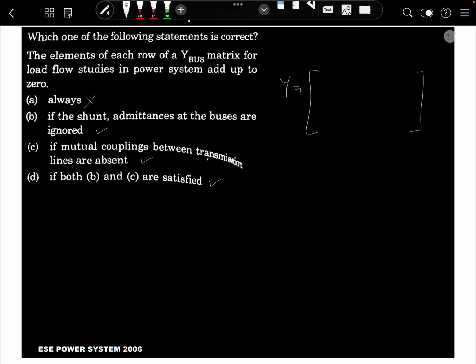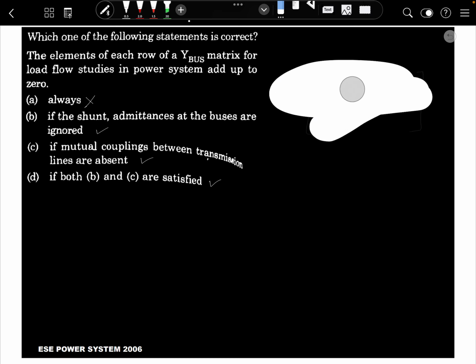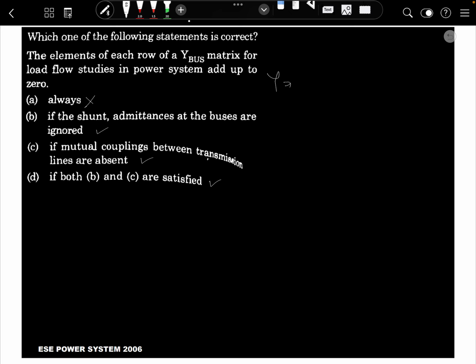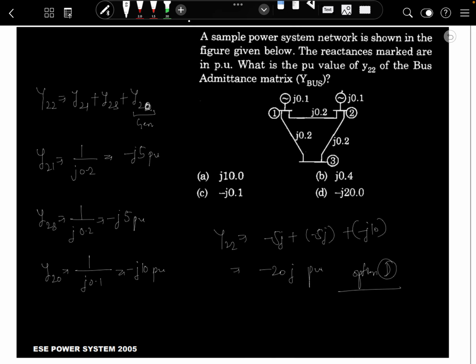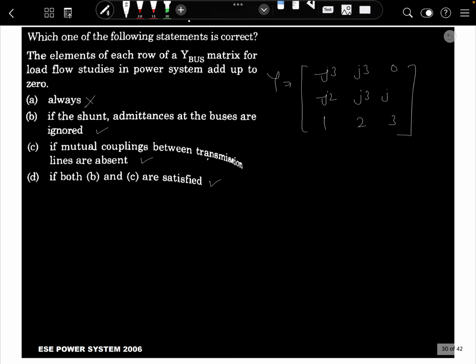For example, let's take a small matrix, otherwise it will be complicated: minus j3, j5, 0; 0, minus j5, plus j2; j8 and another, minus j3, plus j3 and 0, and random numbers I write it, then again minus j2, j3 and j5.